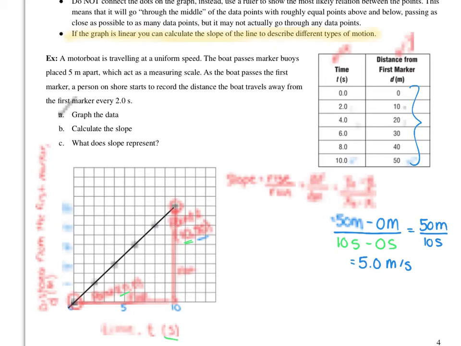All right, so if we look at this, we've calculated the slope. What does slope represent? Well, looking at the units of slope, meters per second describe average speed. So the slope represents average speed.